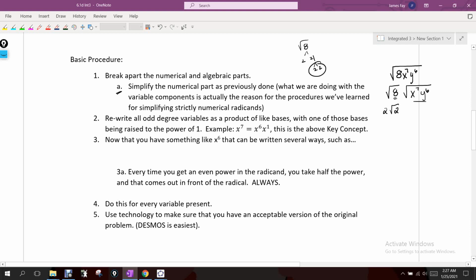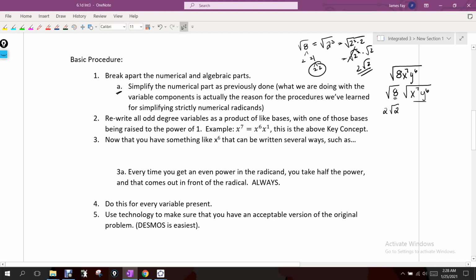But what that really meant, and this is the comparison to what we're going to do with our variables, is that 2 times 2 times 2 is 2 to the 3rd, but I'd rather rewrite that as 2 squared times 2. Now I can break it up that way. The power of 2 and the root cancel out, and it leaves me something like that.